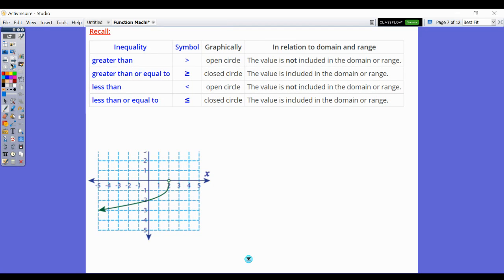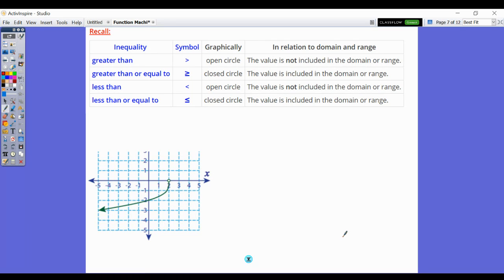So we're just going to review when you use the two different versions, the less than or equal to versus the greater than or equal to, and so on and so forth. If you're going to use a greater than symbol in your domain or your range, it is because on the graph, you will see an open circle.